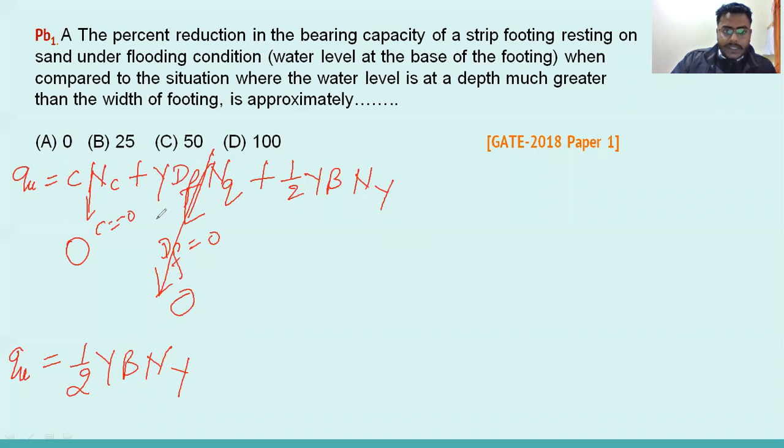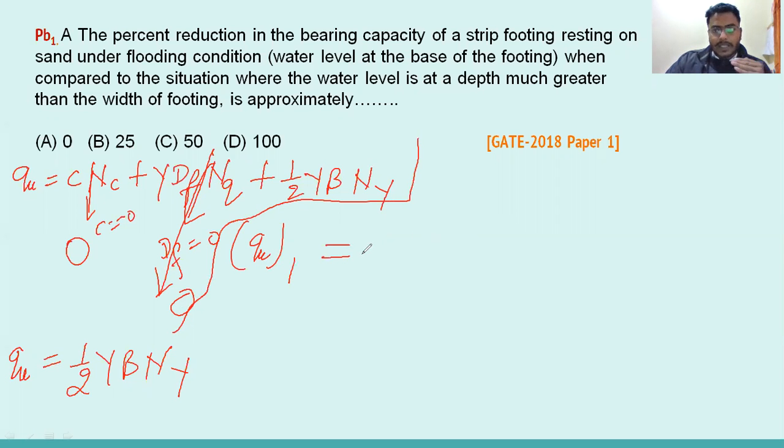Okay, so for the first case we can calculate the ultimate bearing capacity. When the water table is at the base of the footing, it means whatever soil is just beneath the footing is in the submerged condition. So we can write half gamma submerged B N gamma.